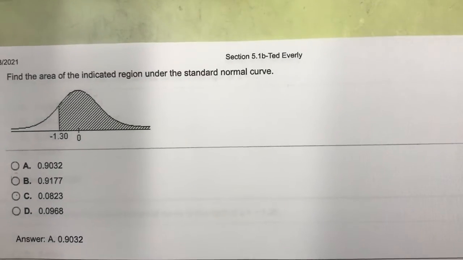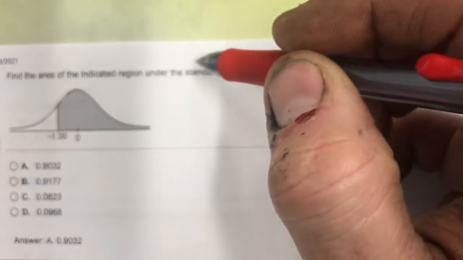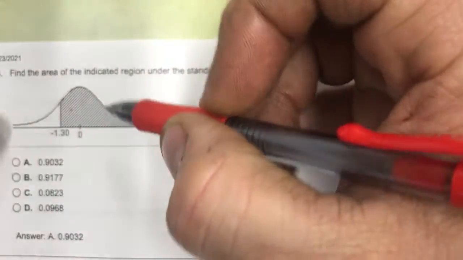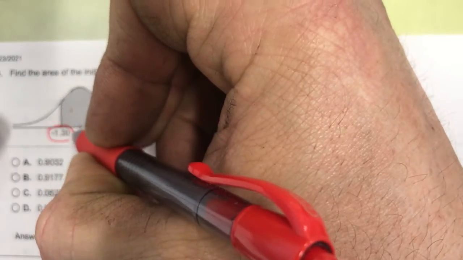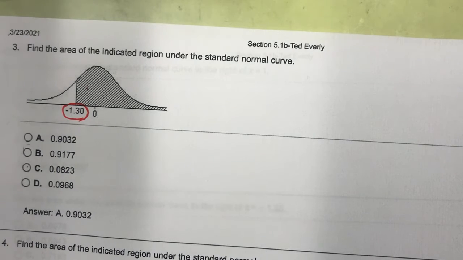Okay, number 3 here. We're going to find the area of the indicated region under the standard normal curve. So we see all this is shaded over here. Negative 1.30, that's my value for my z-score. What I'm going to do is look that up on the table. Let me find my table here.